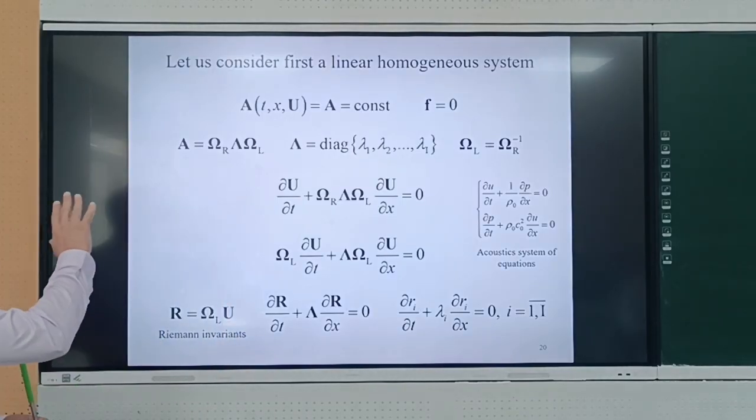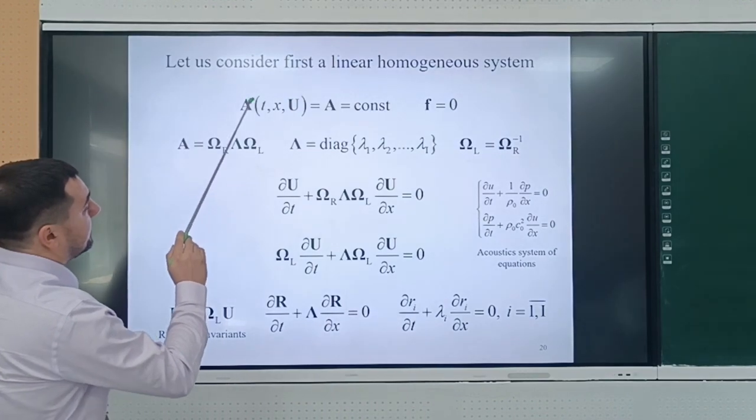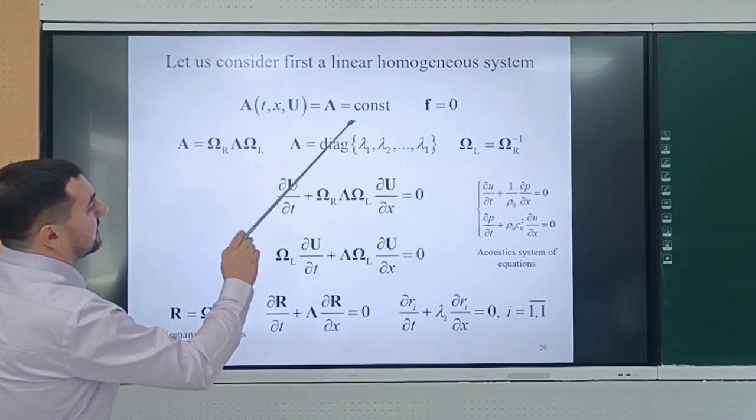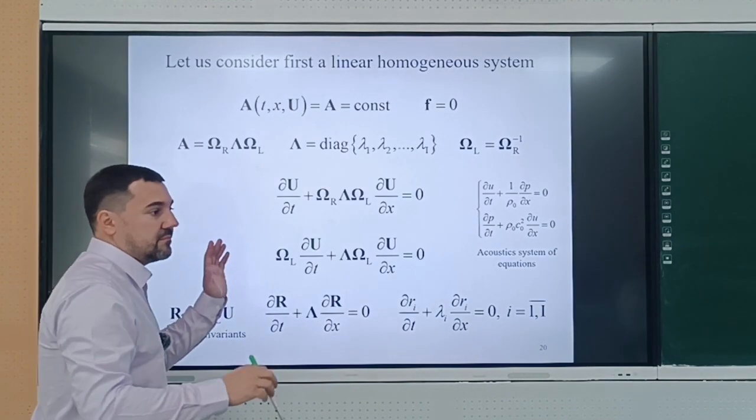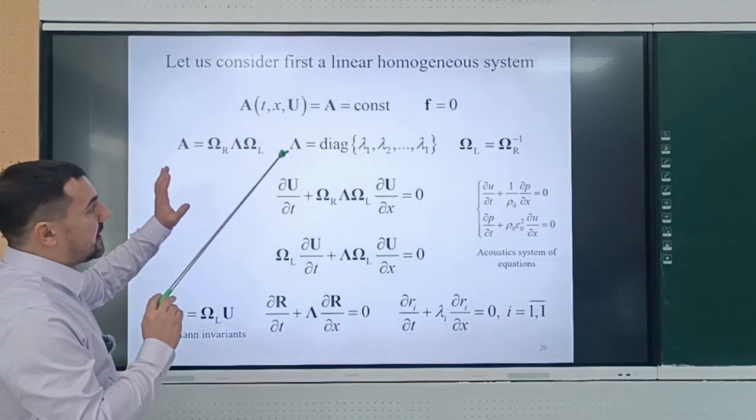Let's start first of all with the linear system. Suppose that matrix A does not depend on U. So A is constant. And at the same time, the system is hyperbolic.